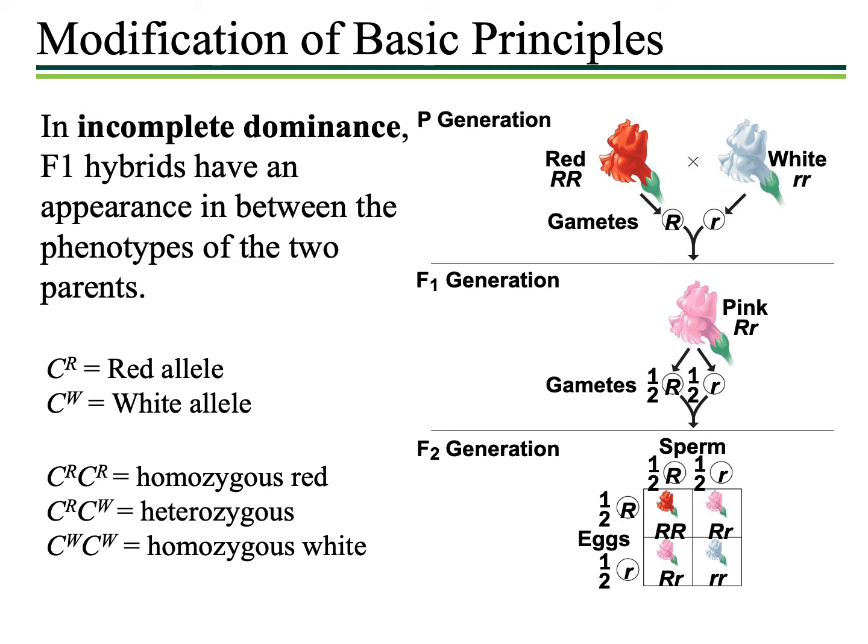If you continue on to take individuals from the F1, again, what we would expect due to segregation is that half of the gametes would contain the red allele and half of the gametes would contain the white allele.